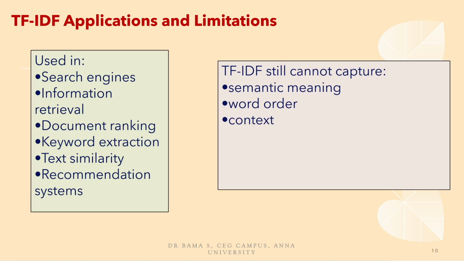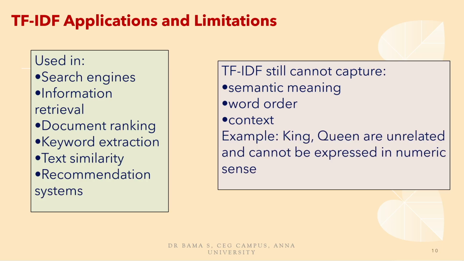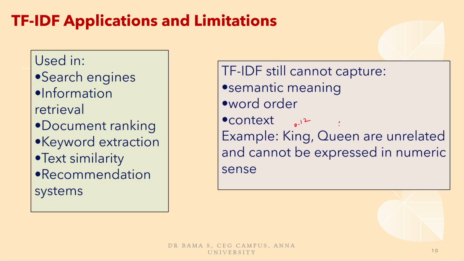If you just give those numbers, we will not be able to explain the context with respect to them. For example, king and queen appear unrelated and cannot be expressed in a numeric sense when we use only TF-IDF. We would expect something like king being 0.12 and queen somewhere around 0.13 or 0.14, but that will not happen in the case of TF-IDF. So are there any other measures that can be used? The answer is yes, we can do that.